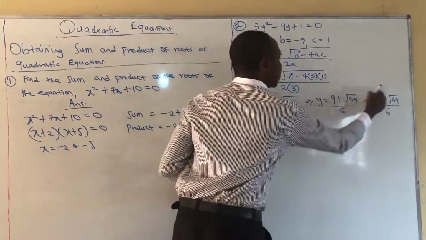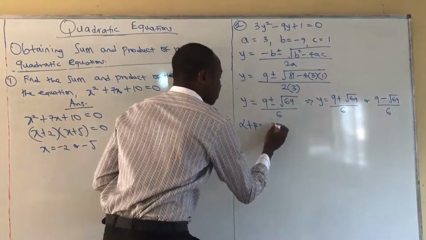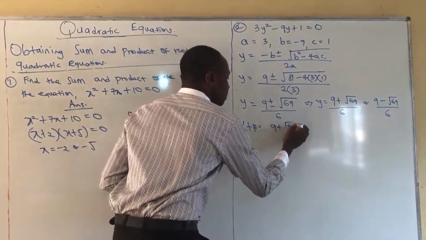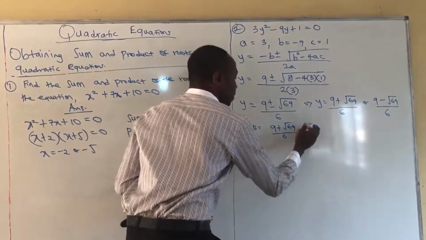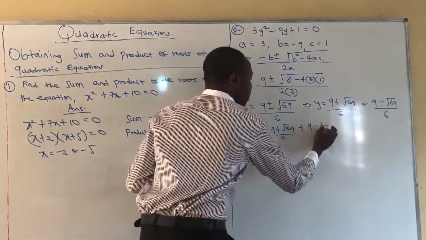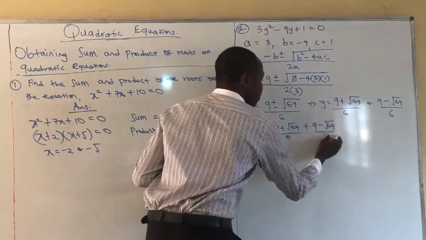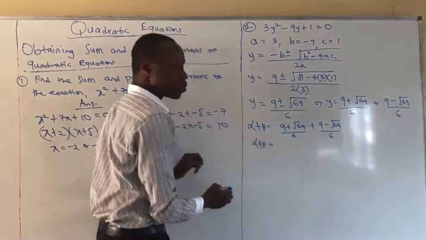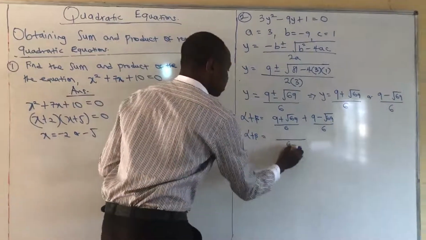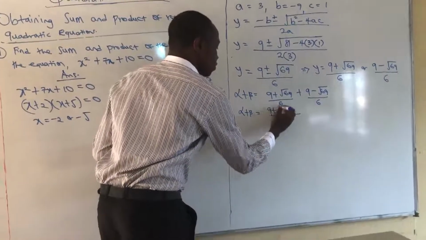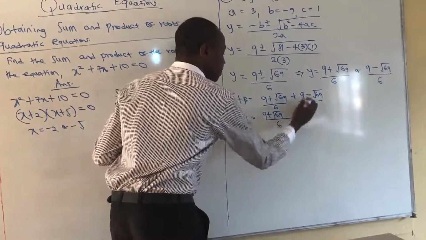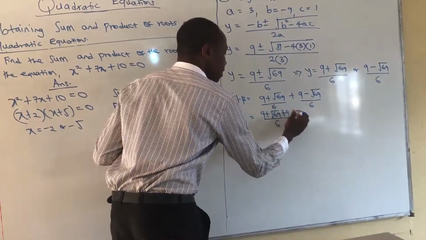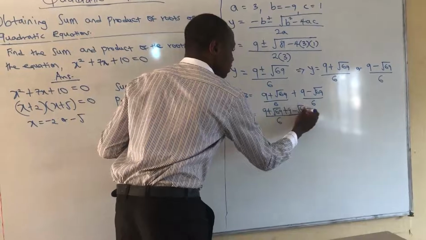Let's add this and see what we have. If I add this, I'll be having 9 plus root 69 over 6 plus 9 minus root 69 over 6. It gives alpha plus beta, which is the sum of the roots, as 9 plus root 69, if we simplify this, plus 9 minus root 69.